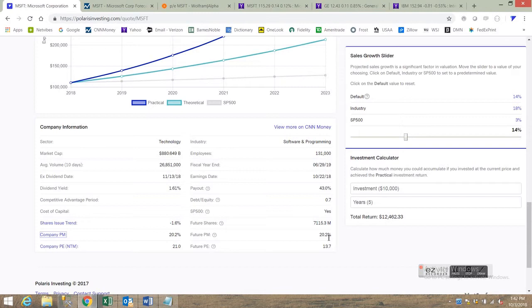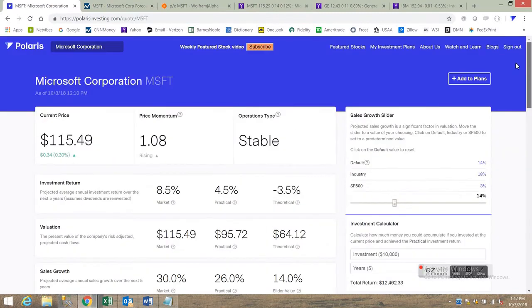But I don't think that's really realistic for Microsoft, such a mature company, to think that this growth spurt they're going through currently is going to necessarily last for an extended period of time. And it just wouldn't get us that much closer to the current price the market is pricing the stock at, namely 115 from 64. So it's not the right place to spend our time.